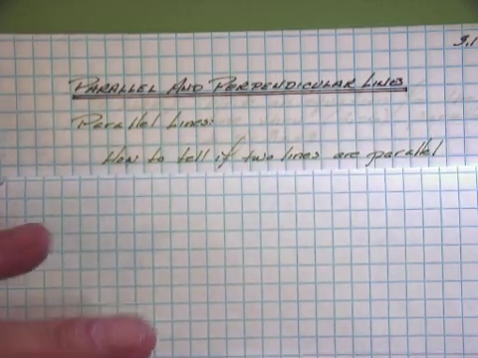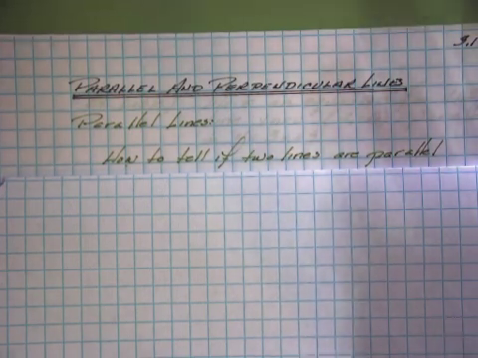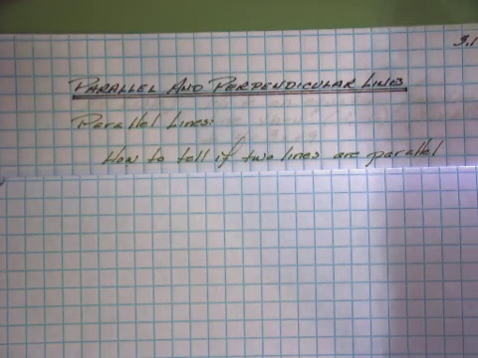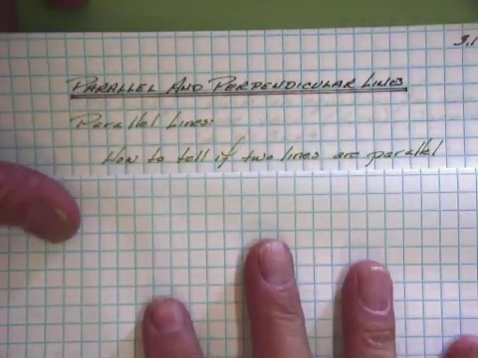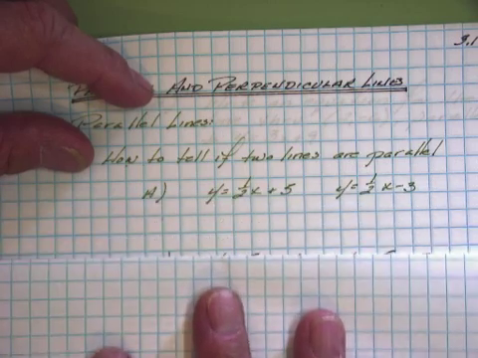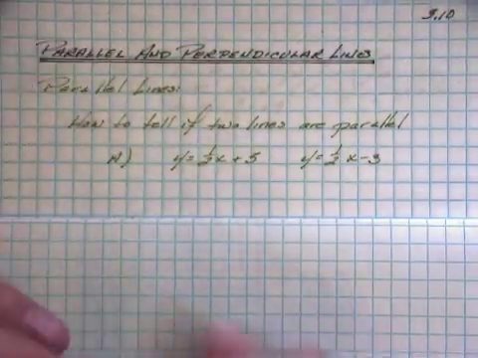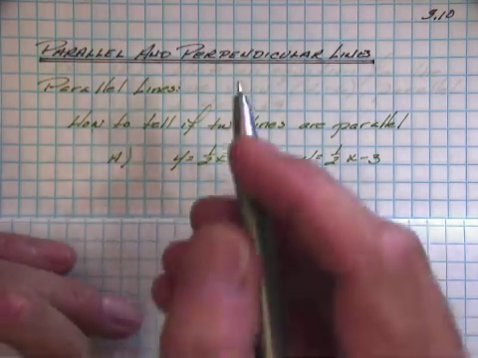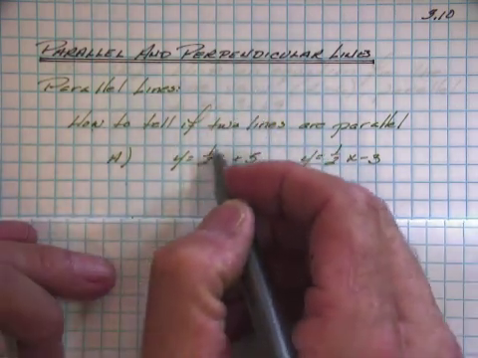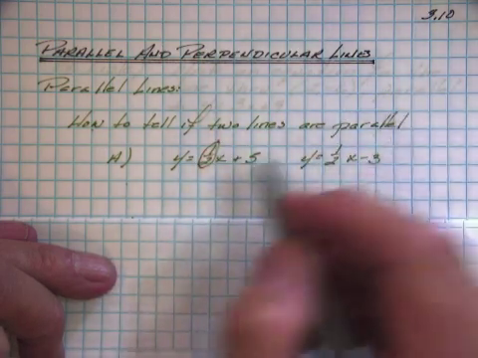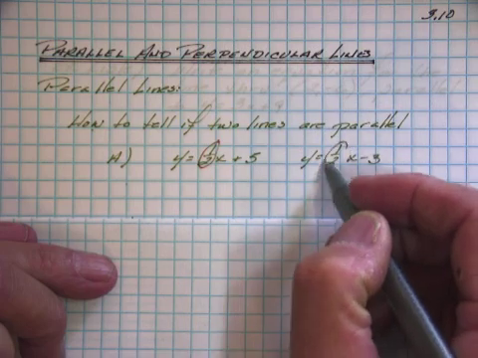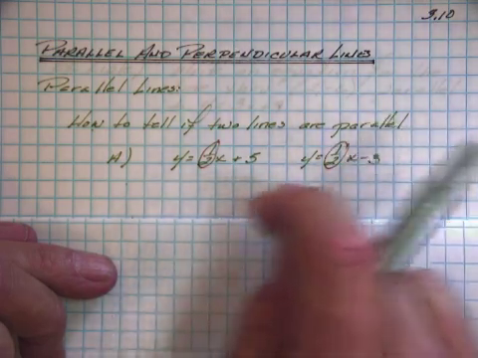How do you tell if two lines are parallel? You can graph them, but if your graph isn't big enough, sometimes you can't see. So we want to resort to doing it mathematically. The first method: if I gave you these two equations, you realize this is in slope-intercept form, y equals mx plus b, so there's the slope. y equals 1/2 x plus 5, and y equals 1/2 x minus 3.